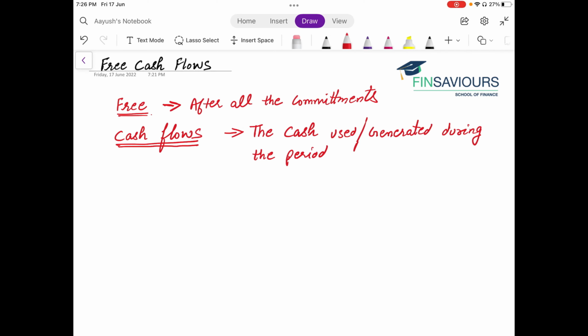They're not asking about the formula, guys. They are checking if you know the concept or not. So free cash flows are those cash flows which are left with the firm after meeting all the commitments. What is the level of cash that is left with the firm? That is the concept of free cash flows.